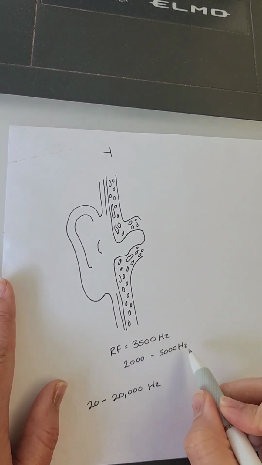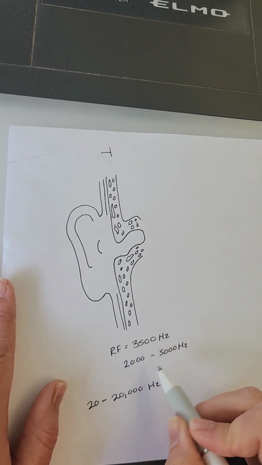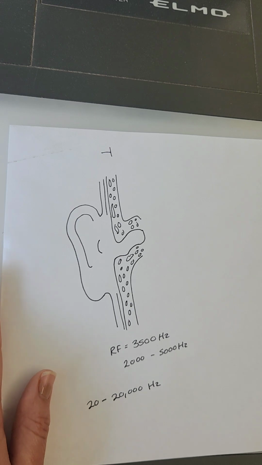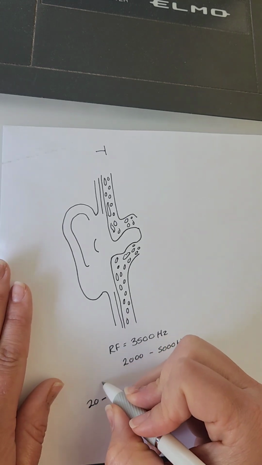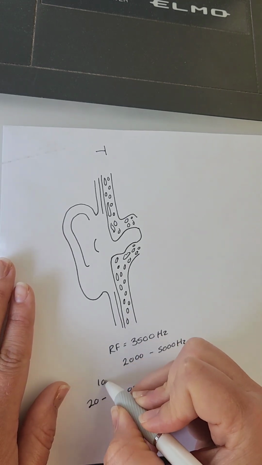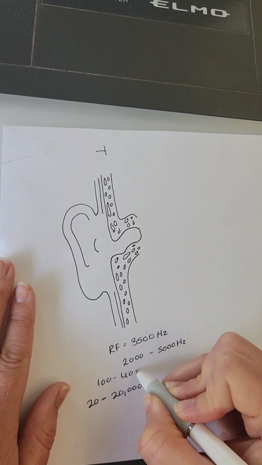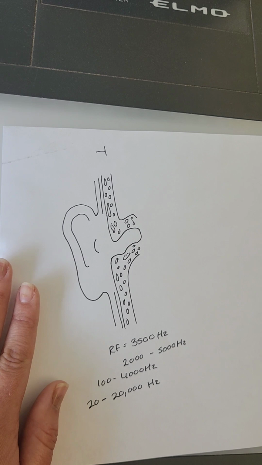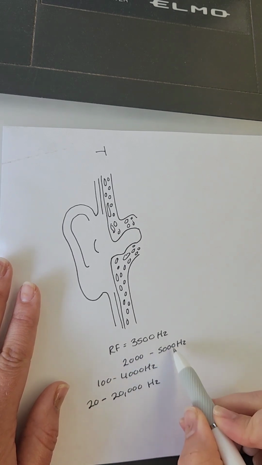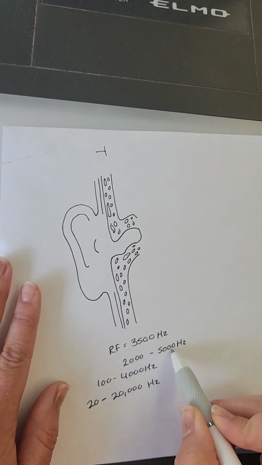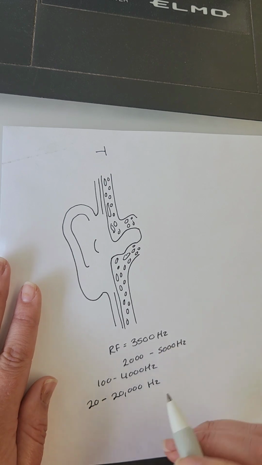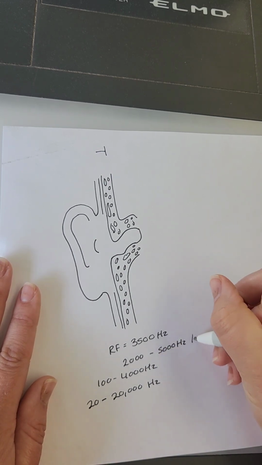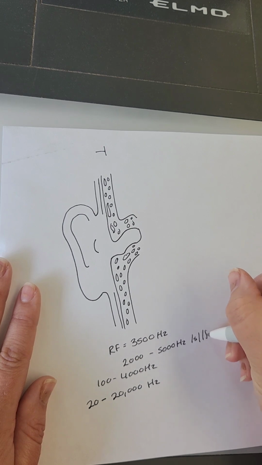But this is the range that we see that a lot of speech occurs in, particularly high frequency sounds in speech. So speech sounds are going to occur from about 100 to about 4,000 hertz. That's the range of speech for children and adults. So you can see here in this bandwidth, it specifically is able to amplify high frequency sounds. And these are going to be sounds like s and sh in English.